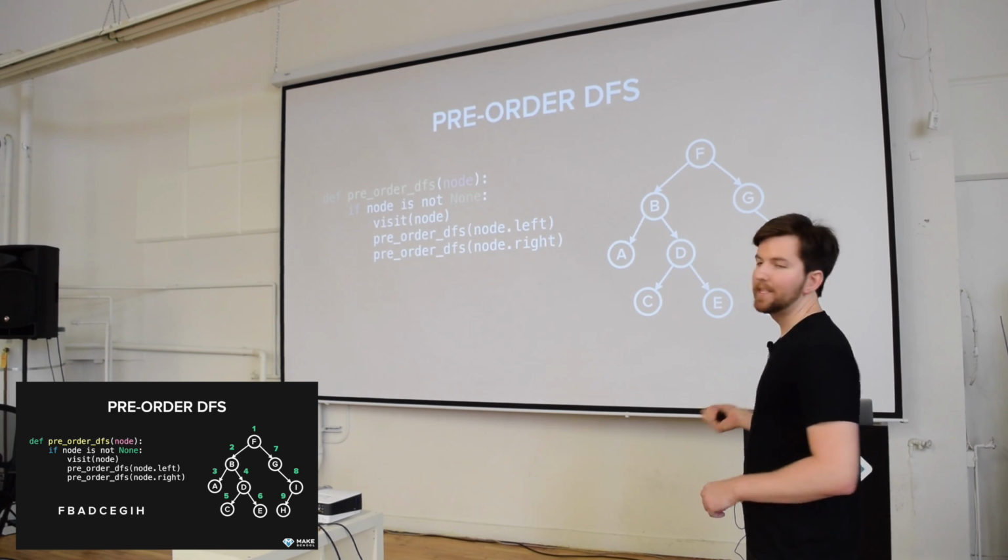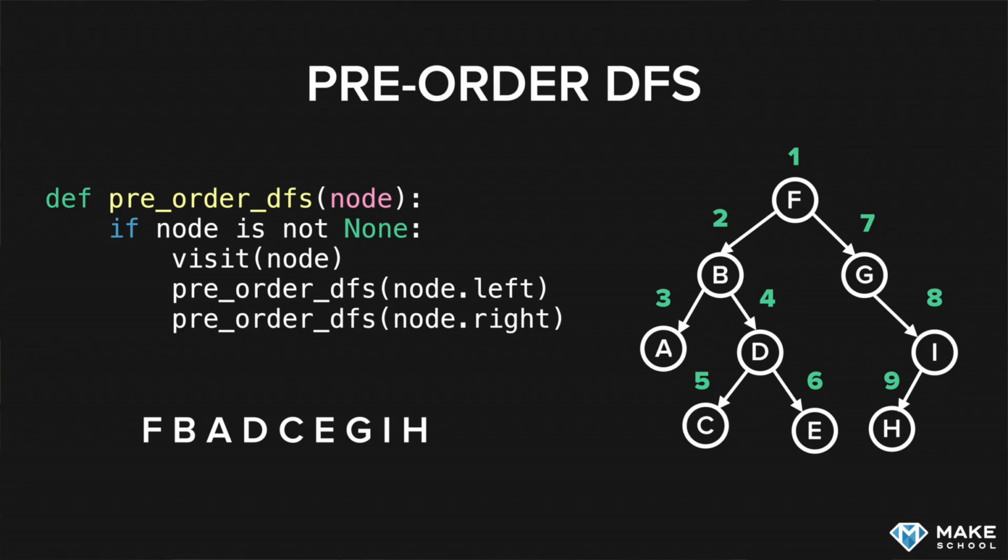And it's dead simple. First, you check to see if the node even exists, because you could call pre-order depth first search on an empty node if a node had no child. If it exists, you visit it, so we print it. Then you call pre-order depth first search on the node's left child, and then on the node's right child, recursively.